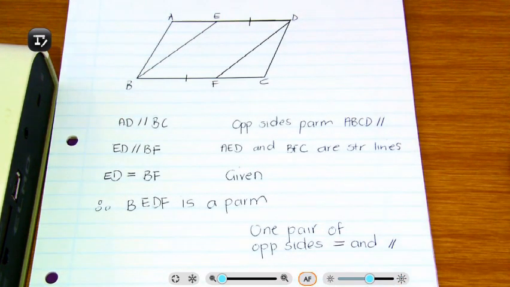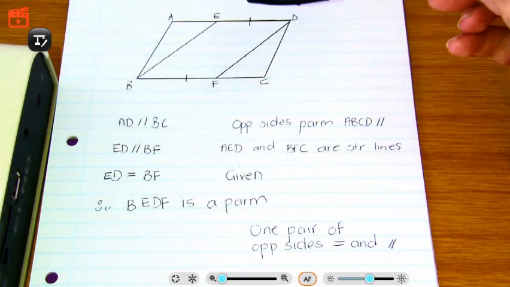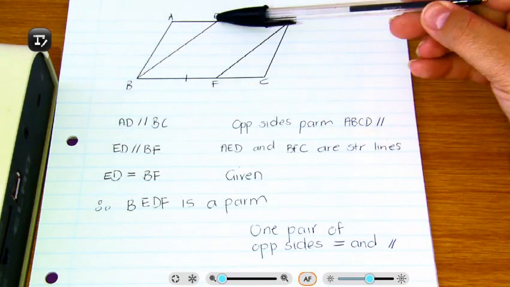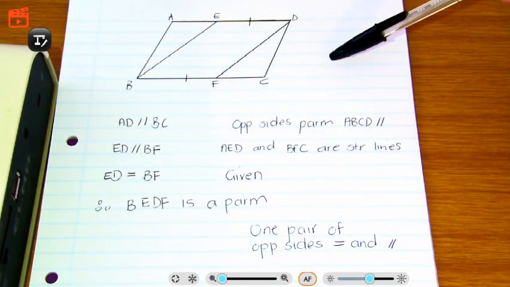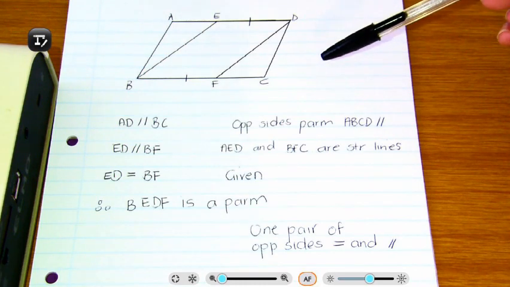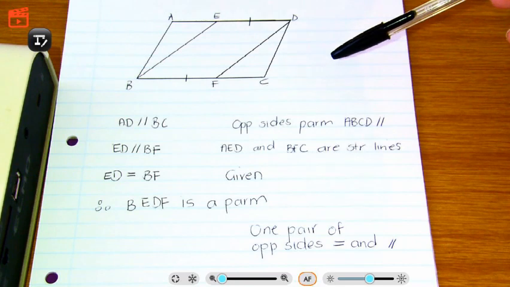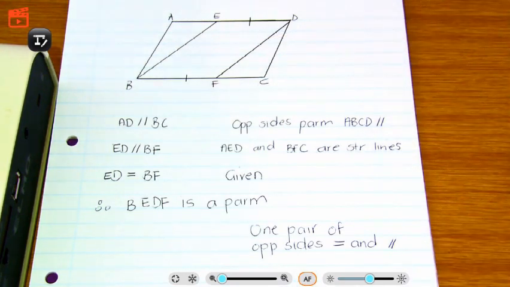Okay, so just to recap, we've proven that ED and BF are parallel. They have told us that ED and BF are equal in length. So one of our conditions to prove that a quadrilateral is a parallelogram, theorem 3, is that it has one pair of opposite sides which are both equal and parallel. So therefore BEDF is a parallelogram.